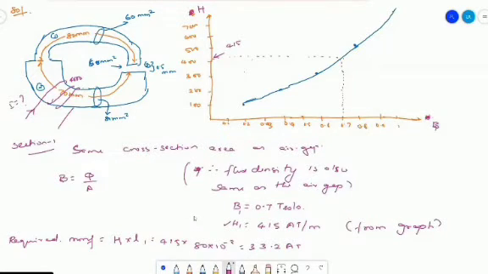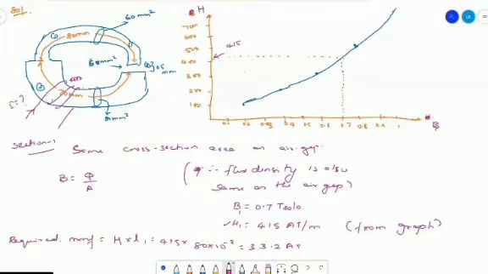So now let us analyze section 2 and the air gap. So both information will be required for us. Because the magnetic flux density in the air gap is given, we also know the mu naught.